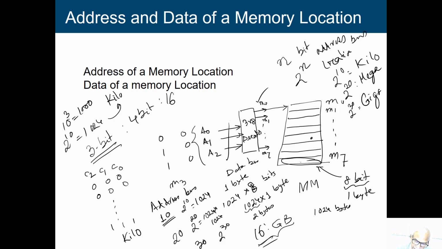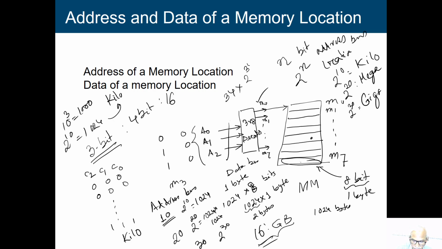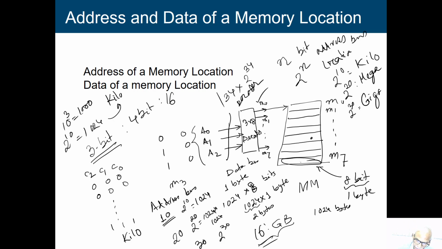So, here I need a decoder of 34 by 2 to the power 34. This is simply how I am saying it, but we will see how we are going to organize it. We will have 34 lines of address input.